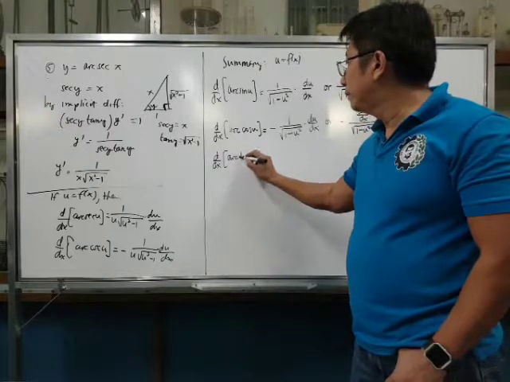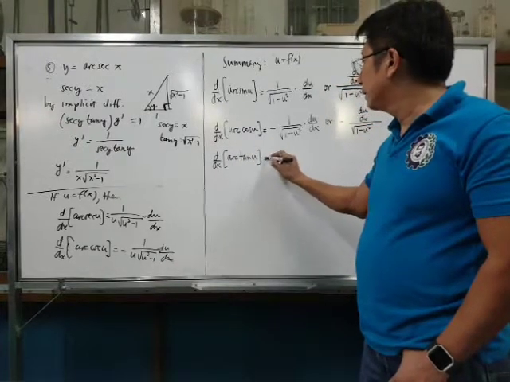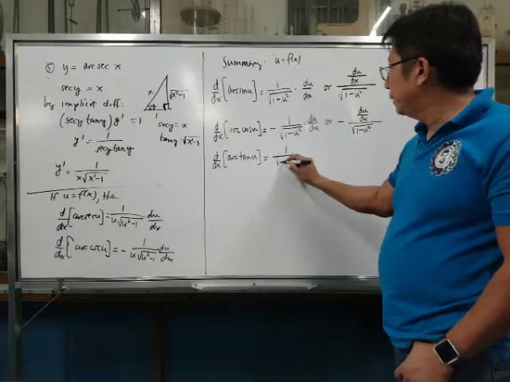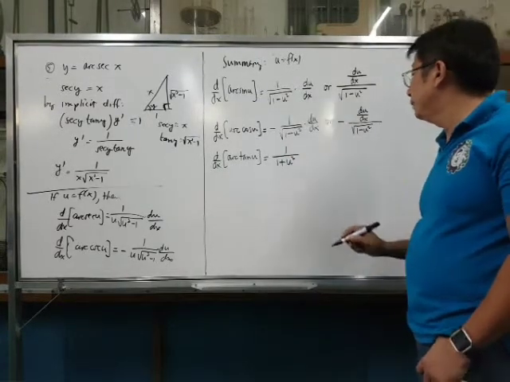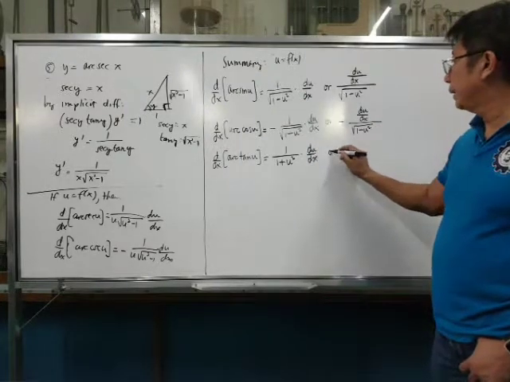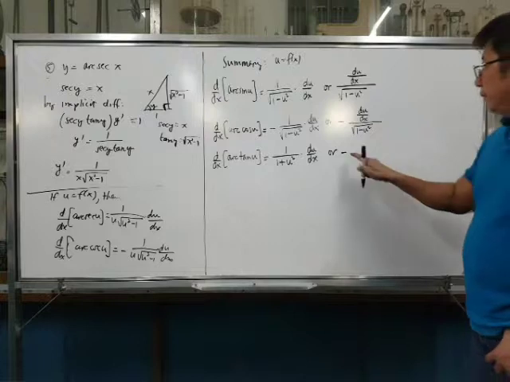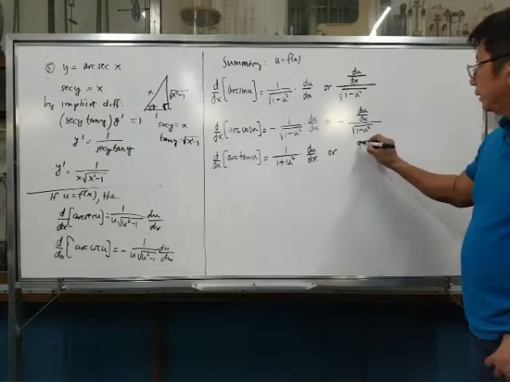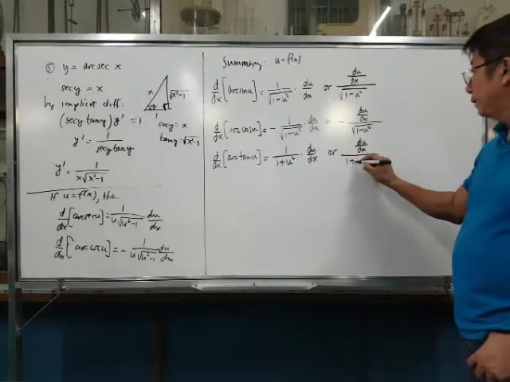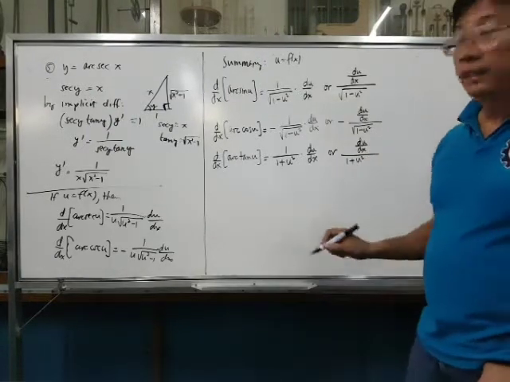Derivative of arc tangent u is equal to 1 over 1 plus u squared multiplied by the derivative of u with respect to x, or this is equal to the derivative of u with respect to x over 1 plus u squared.